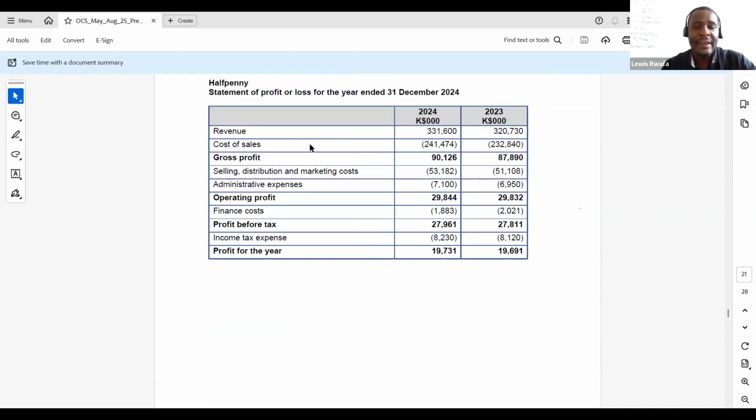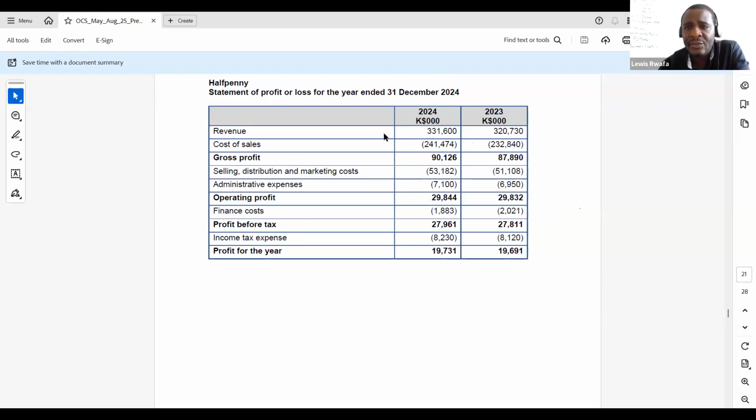Let's do some quick numbers here. 2023, 2024, we can see, like I was saying, guys, by just merely looking at this, you can see an increase in revenue and cost of sales, but we need to do a little bit of numbers. From a gross profit perspective, from 327,300 to 331,600 is a 3.4% increase, which is okay.